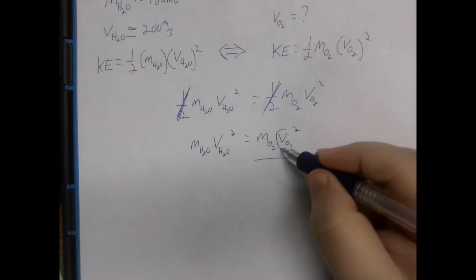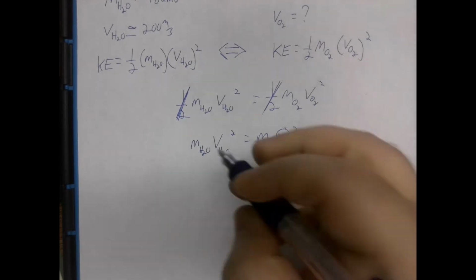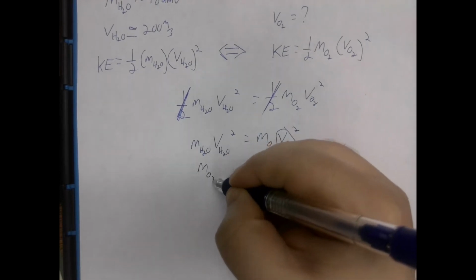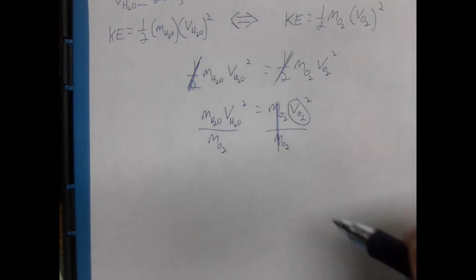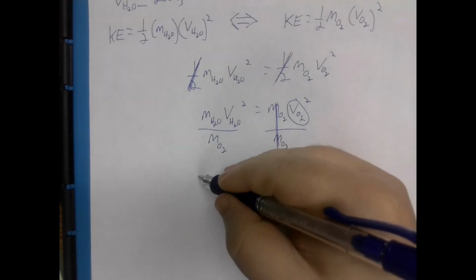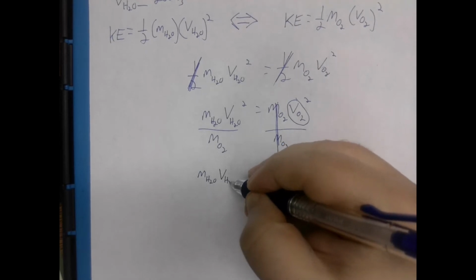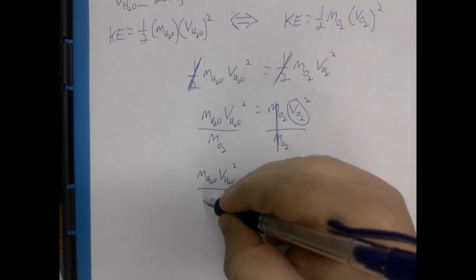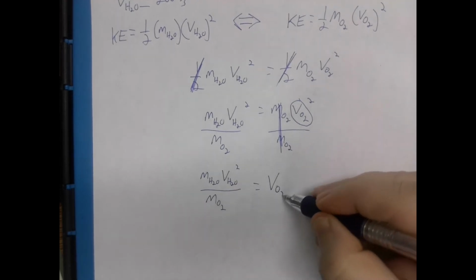Again, we're trying to solve for this, so divide both sides by the mass of oxygen. That cancels out on this side. And then we have mass H2O times velocity H2O squared divided by mass O2 equal to velocity squared.